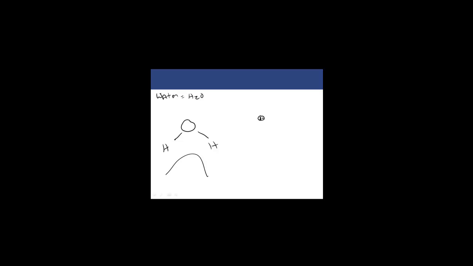How do we do that? Well, we do that through shells. In the first shell, we have 2 electrons. 1, 2. That leaves how many in the second shell? Well, hopefully you've come up with 6. 6 electrons.